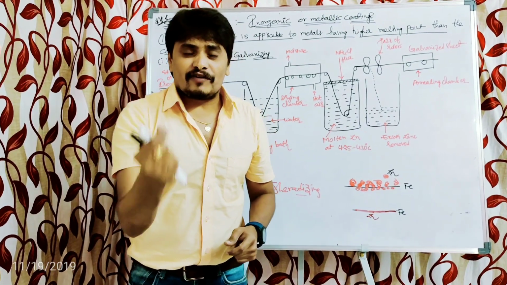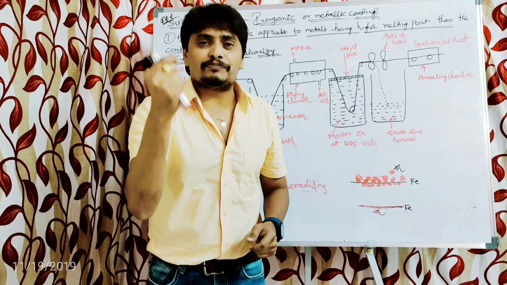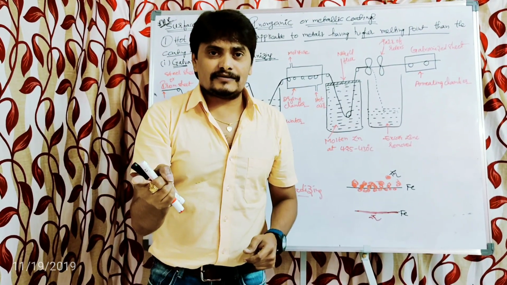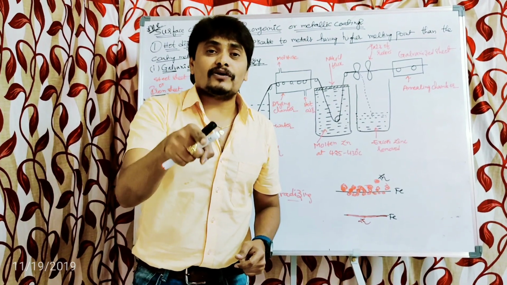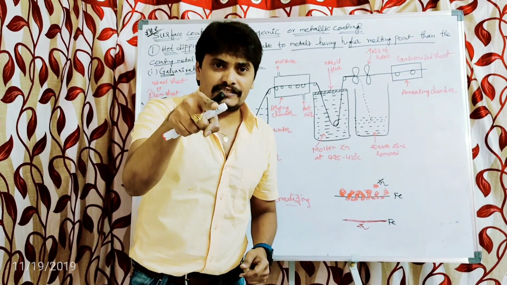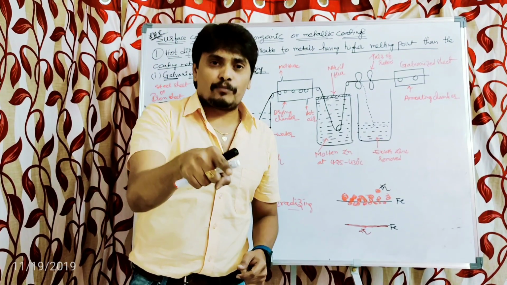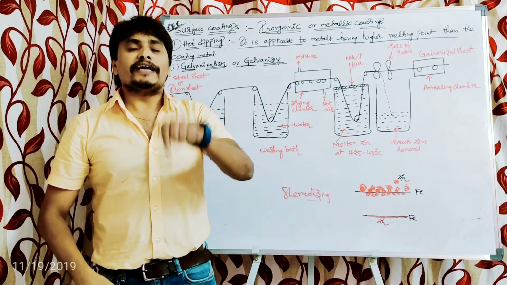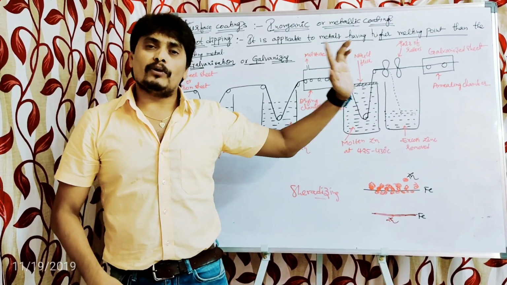So since the galvanized sheets cannot be used for making the kitchen utensils in which the food is preserved, definitely we have to use the other sheets by which we can make the kitchen utensils in which the food is preserved. That is tin plated sheets. And tin plated sheets can be obtained making use of the tinning process, which is the next process involved in hot dipping, or it comes under the category of the hot dipping.